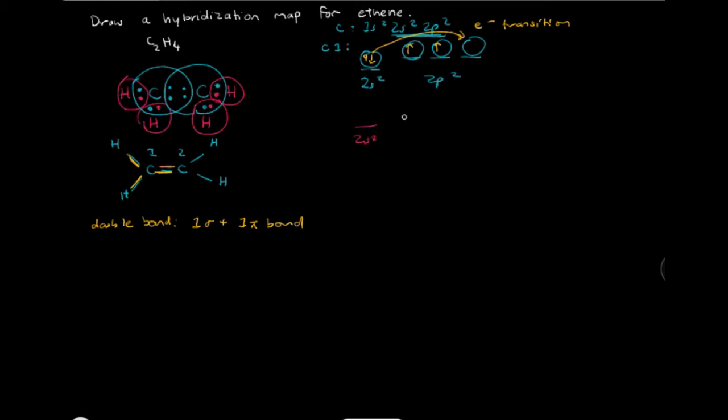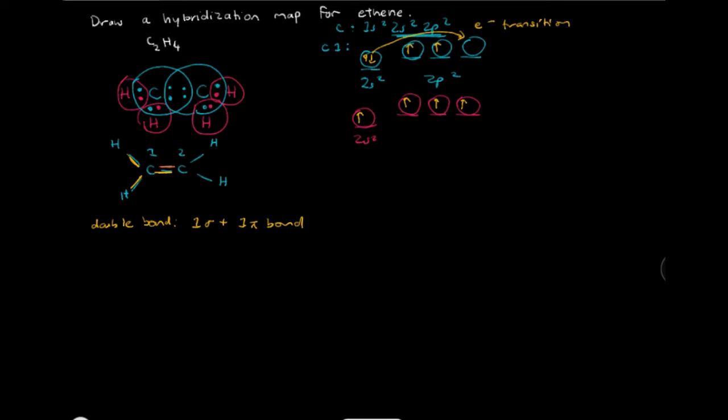This electron basically enters an excited state, right? And now the electrons will kind of look like that, and you can notice here that we've met the 3 half-filled orbital criteria.